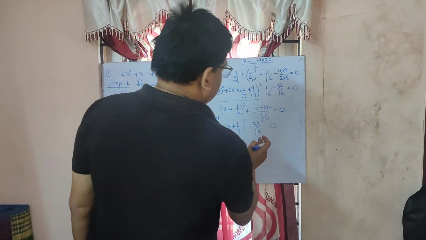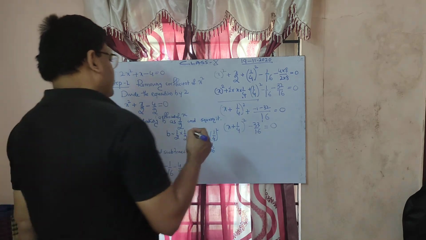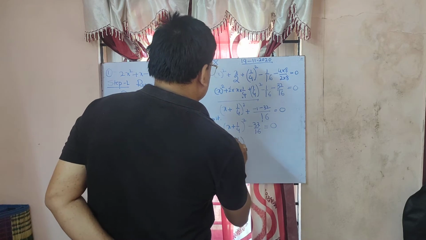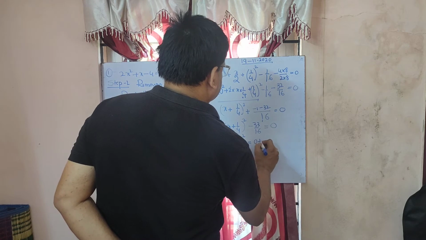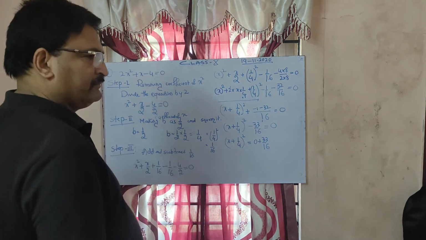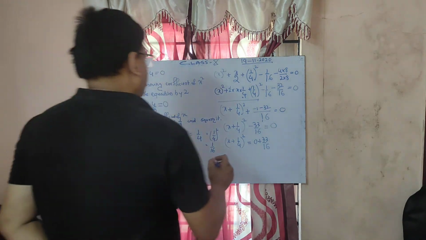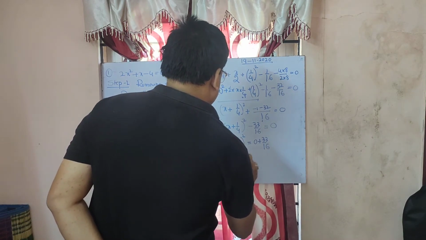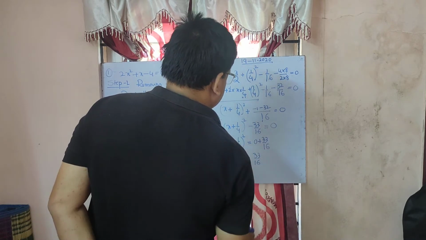Now transfer this minus 33 upon 16 to the right-hand side. So x plus 1 upon 4 whole square is equal to 0 plus 33 upon 16. 0 plus anything is anything. Therefore, x plus 1 upon 4 whole square is equal to 33 upon 16.